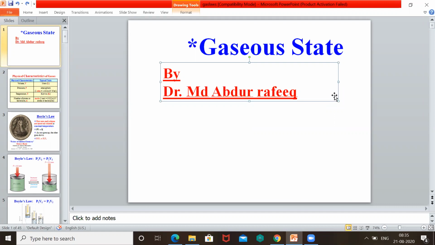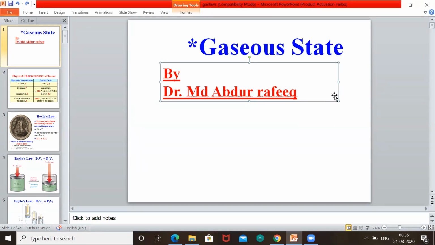Solids are characterized by definite shape, volume, area, and other properties, whereas liquids have definite volume but no definite shape. And gases have no definite volume and no definite shape. They have the highest compressibility and they have the property of diffusion.